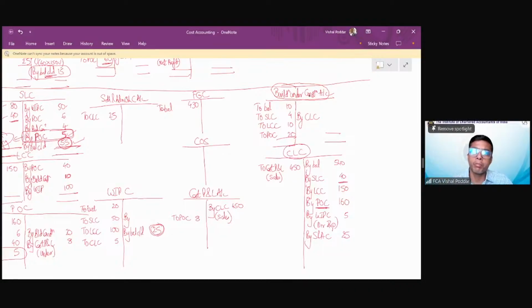Now it has to go to the building account. And building account is represented by CLC. So 20, 30, 40, 44. This I'm transferring from building construction account to my building account, which is represented by CLC. I hope you are getting these transactions, students.